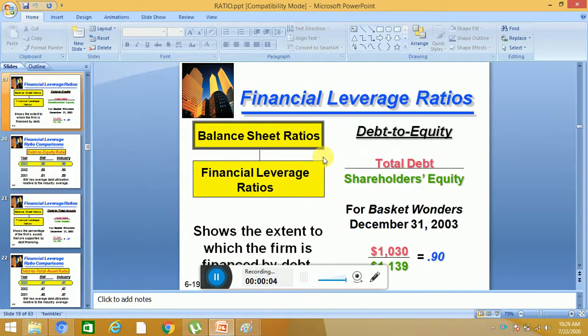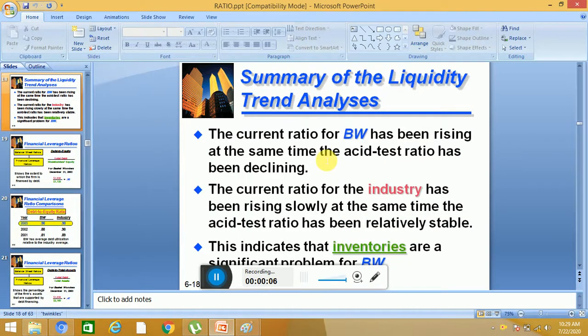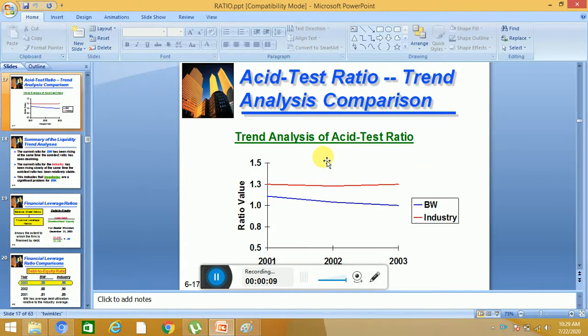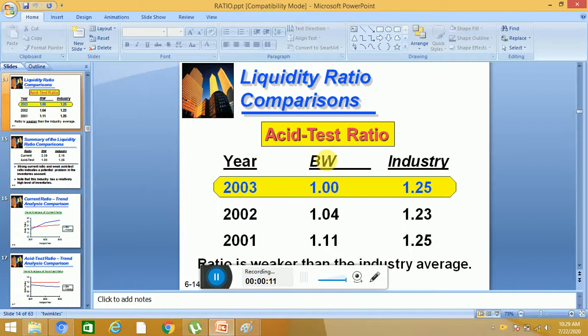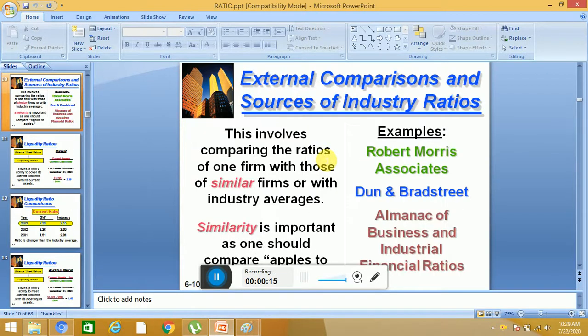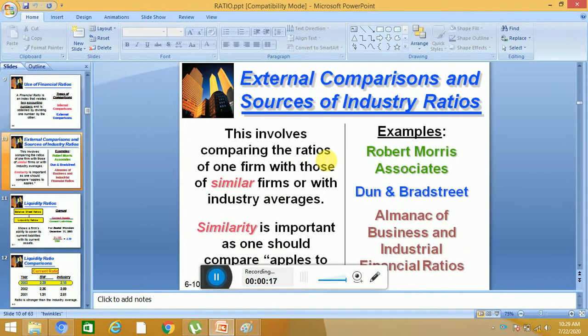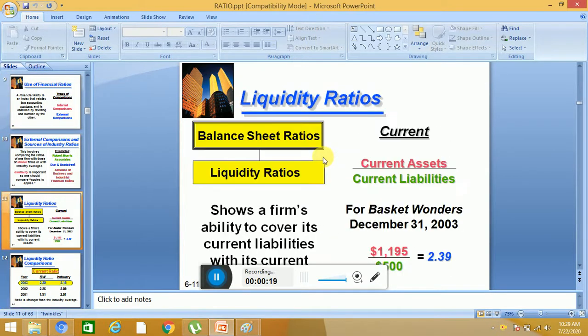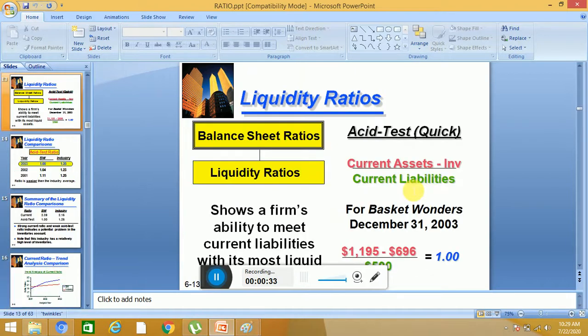In the previous two classes, we discussed different types of ratios. The first type was liquidity ratios, in which we discussed two ratios. One was the current ratio, current assets divided by current liabilities.